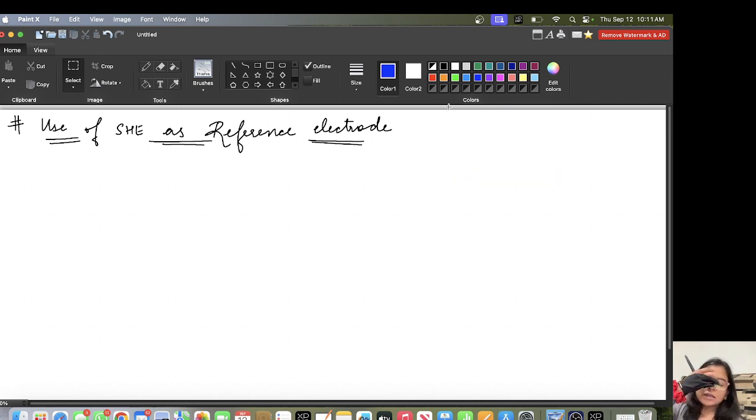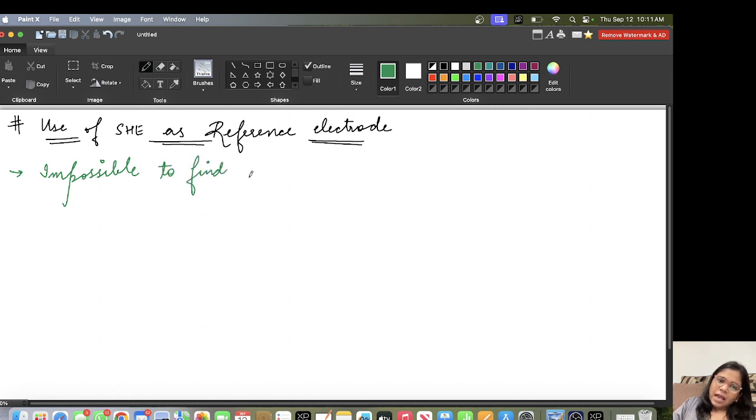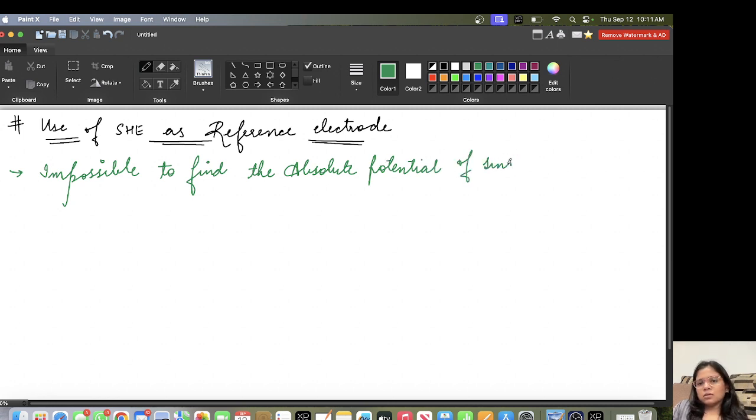It's practically impossible to find the absolute potential of a single electrode.